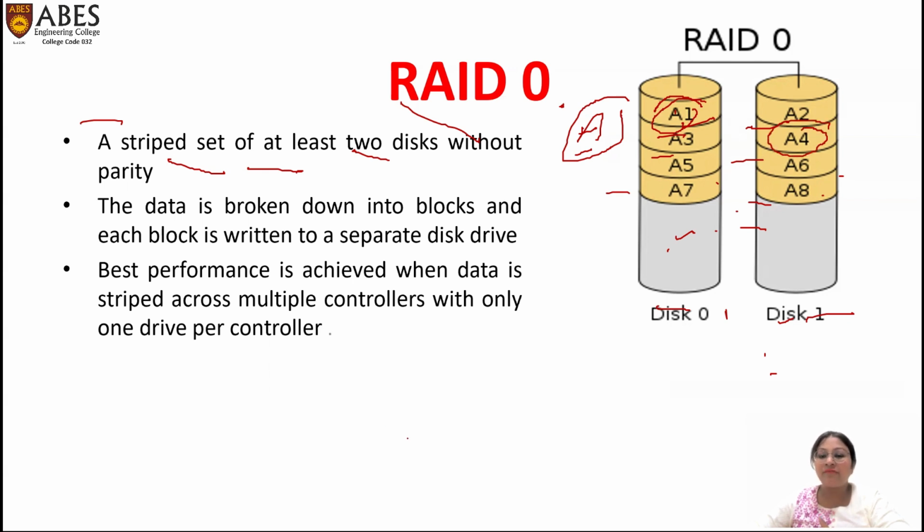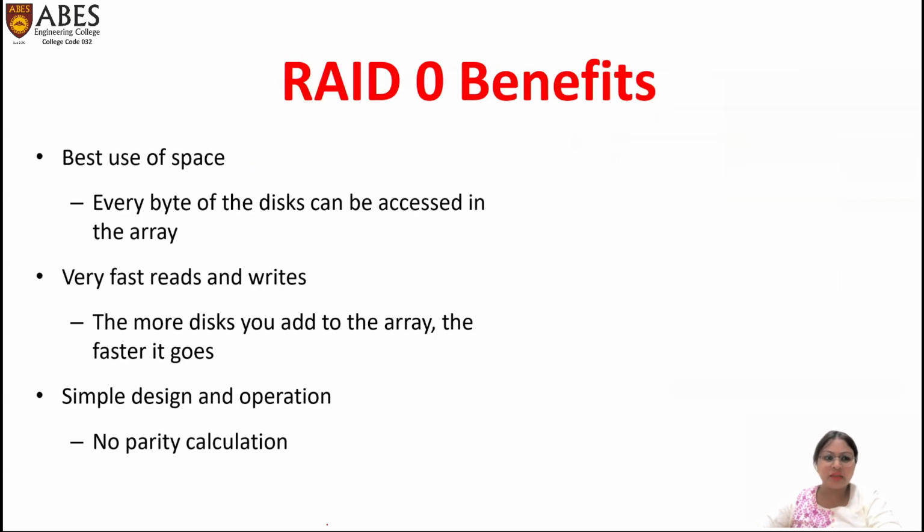By this, we have multiple controllers, and one drive per controller. By this, we increase the performance of our disk. So these are the various benefits of RAID 0: best use of space, every byte of the disk can be accessed in the array, very fast reads and writes, and simple design and operation.